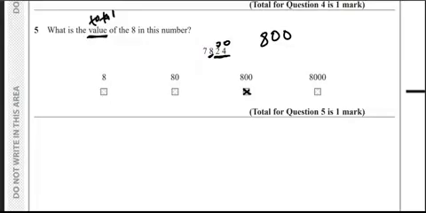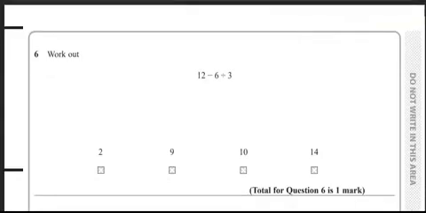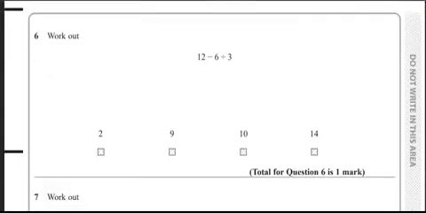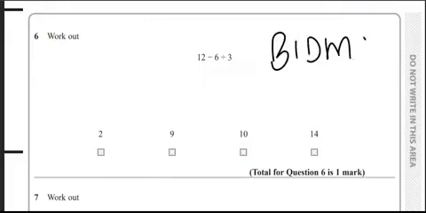Now we can proceed to the next question, number 6. You're told to work out and solve that equation. To solve this equation, we are going to apply something called BIDMAS, where we start first with brackets, which are not there, indices, which are not there, or some people call it of. Then division, so we have division.